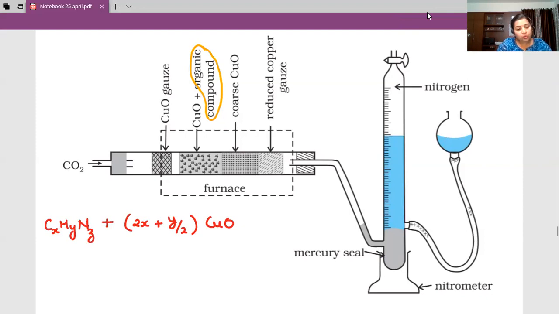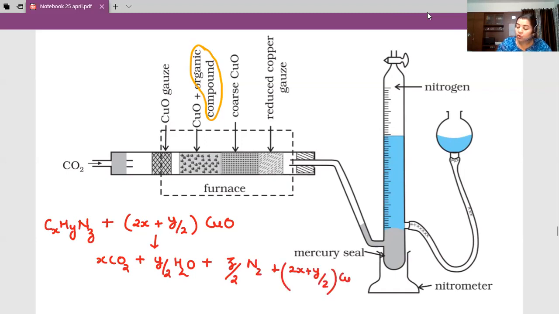We are passing through it. When we are passing through it, then there is formation of xCO2, y/2 H2O, z/2 N2, and there is formation of (2x + y/2) Cu. Copper is reduced to zero oxidation state from +2, whereas carbon and others are oxidized to higher oxidation states.